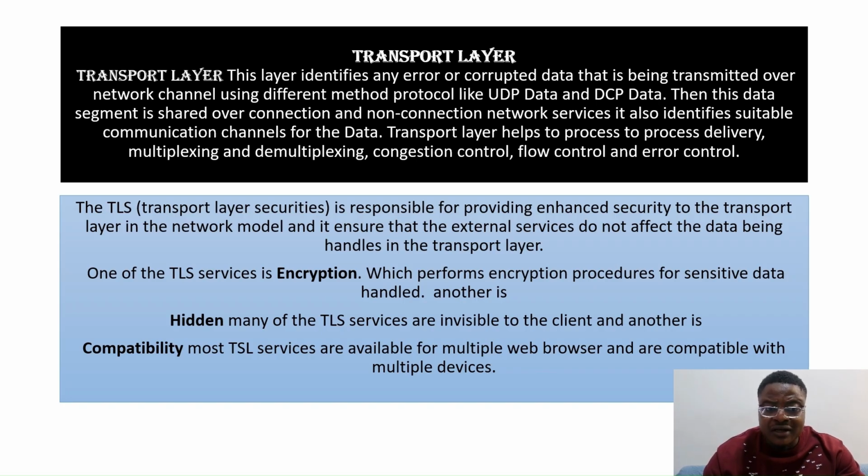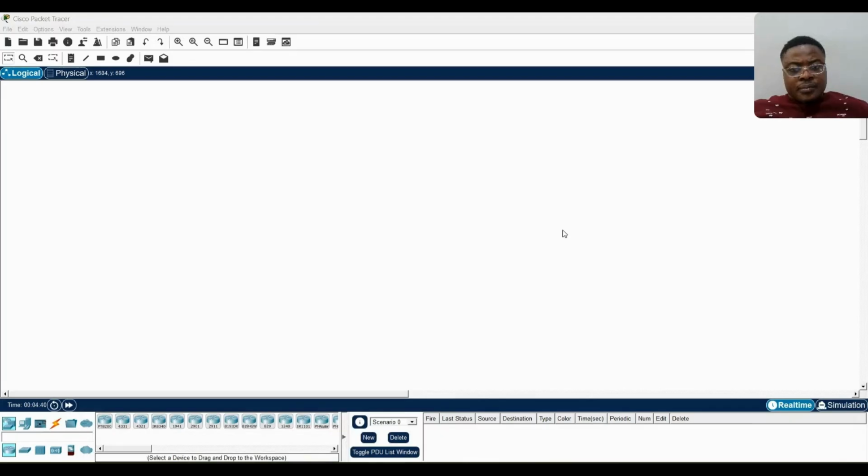One of the TLS services is encryption, which performs the encryption procedure for sensitive data handled. Another one is hidden: many of the TLS services are invisible to the client. And another is compatibility. Most TLS services are available for multiple web browsers and are compatible with multiple devices.